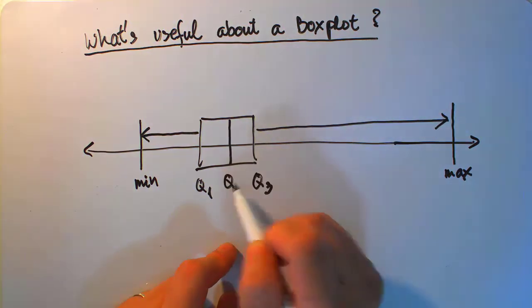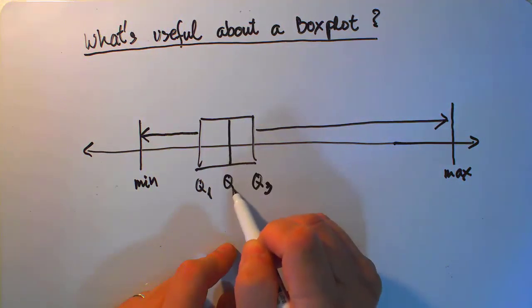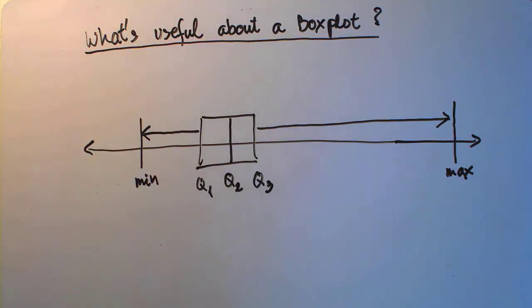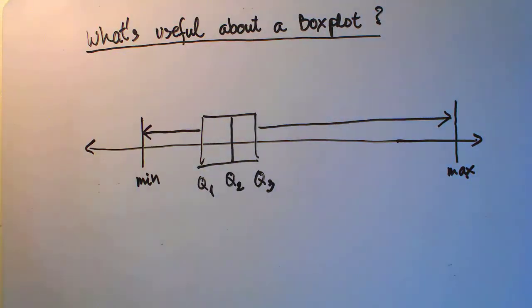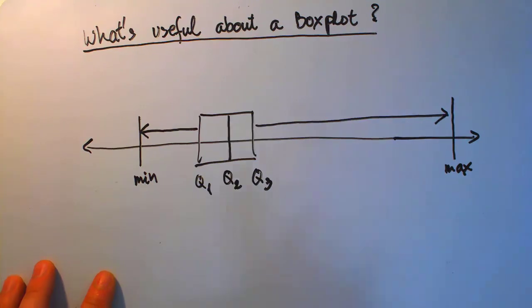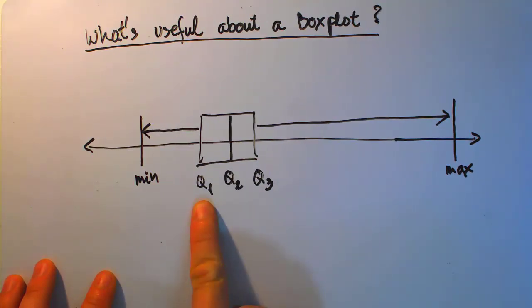And once again, we're using the solid line for Q2, Q1, and Q3. But now what does this box plot tell you in terms of data focus? What can you say about data focus simply by looking at a box plot like this?